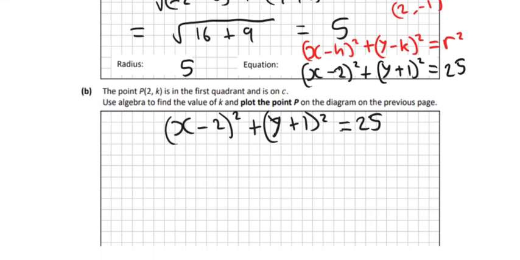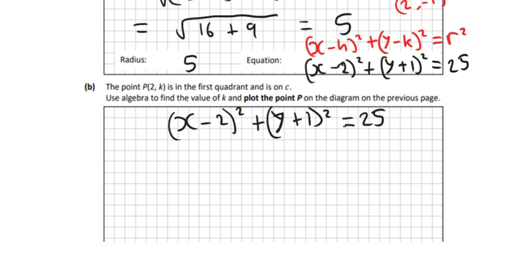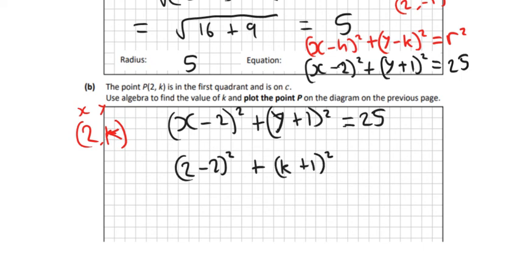So I'm going to sub in the point (2, k), so that's my x coordinate, that's my y coordinate. So I'm putting 2 in instead of x, so it's 2 minus 2 squared plus k plus 1 squared is equal to 25.